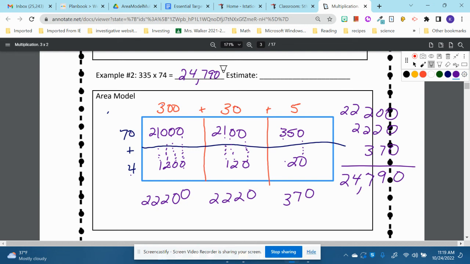Talk to your partner about a thing you need to make sure you watch out for. An aha or beware when you're doing area model multiplication. Tell your partner 1 or 2 things that you need to make sure you do when you're doing area model multiplication. You two share with Brexon.